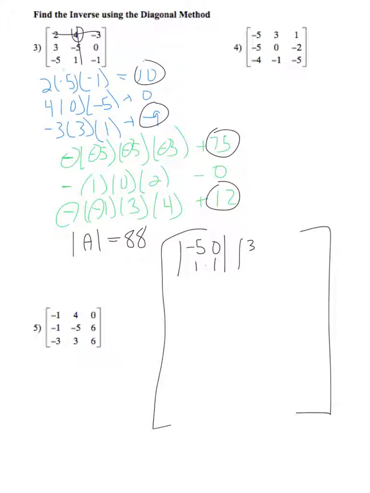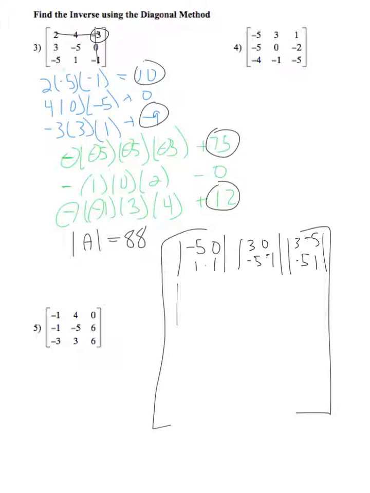So I've got 3, 0, negative 5, negative 1. And then I'm going to get rid of those and do this one. So that's going to leave a mini matrix of 3, negative 5, negative 5, and 1.